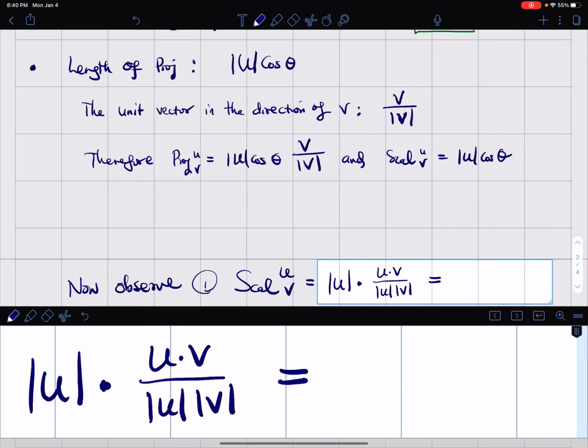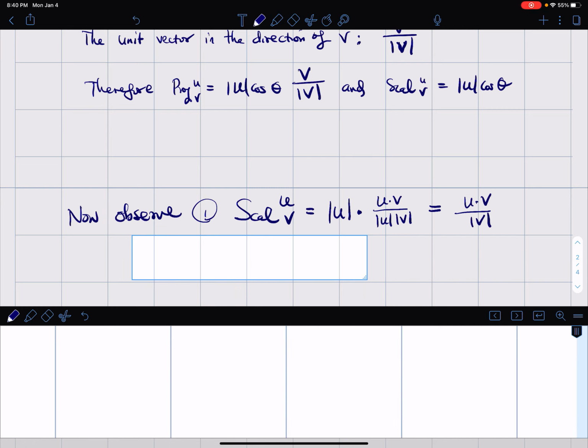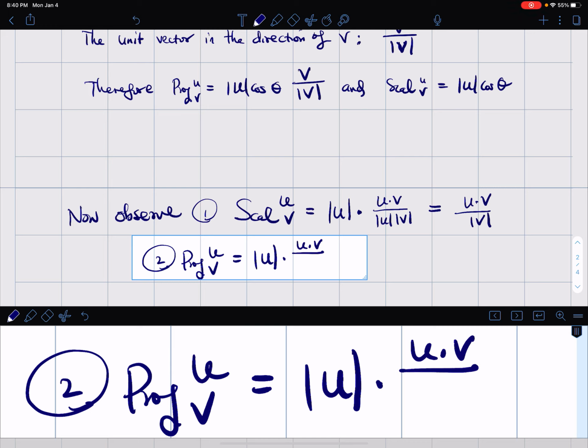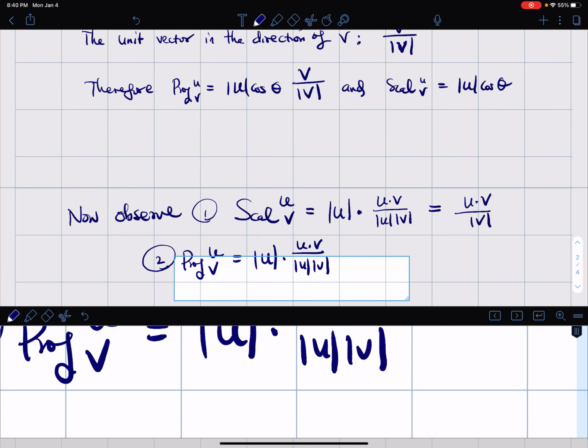So all this can be simplified as u dot v over magnitude of v. And now let's also observe that the projection of u onto v is the magnitude of u times u dot v over magnitude of u times magnitude of v, which is just the magnitude of u times cosine of theta.